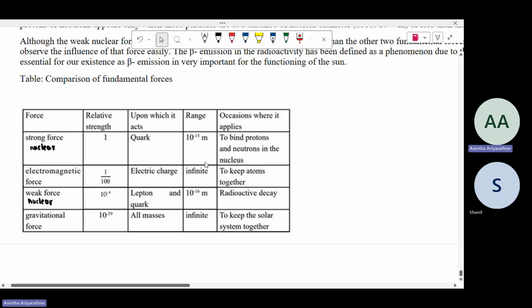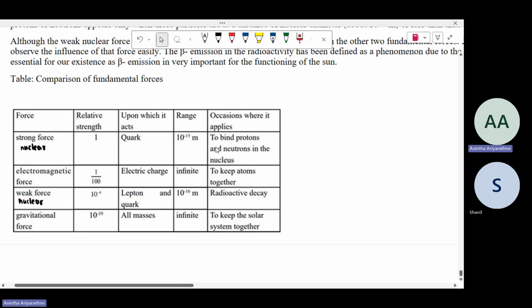So the range is very small for nuclear force. Nuclear force acts within a very small range, only within the nucleus, but outside the nucleus electromagnetic force is finite. Weak force also acts within a very small range.